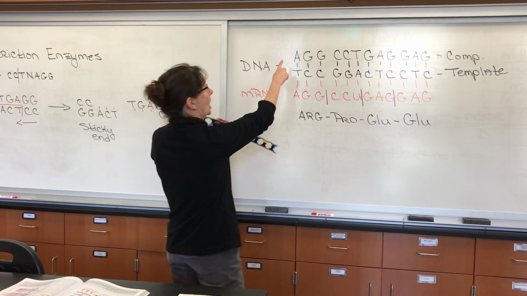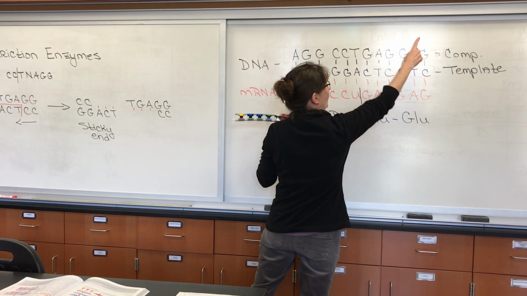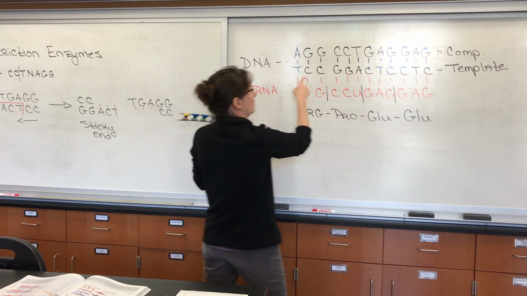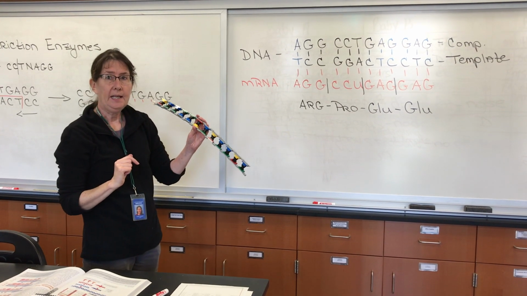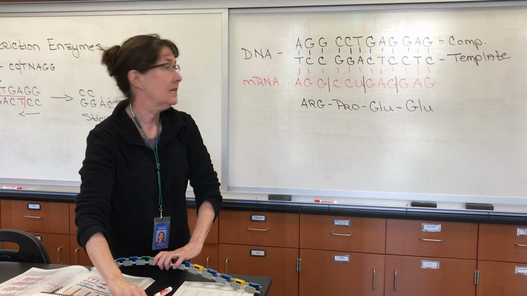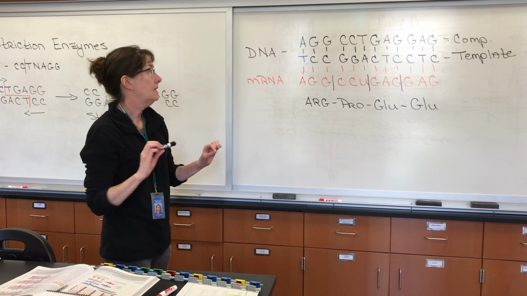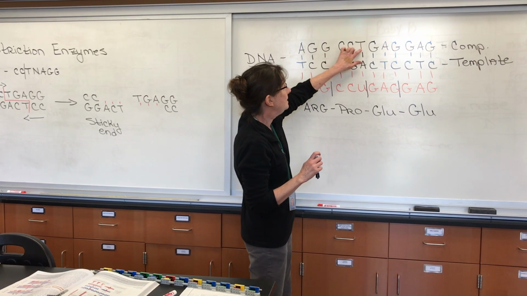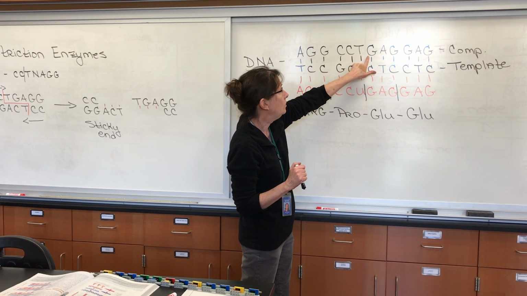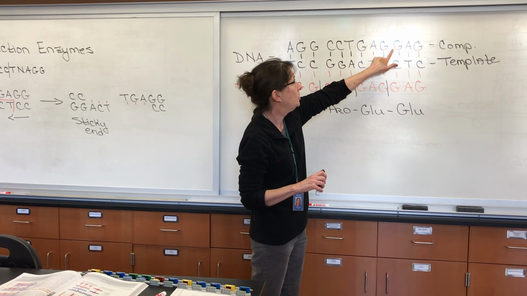Remember, it reads the top strand from left to right and the bottom strand from right to left. And it is looking for that sequence, CCT, followed by any nucleotide, and then AGG.